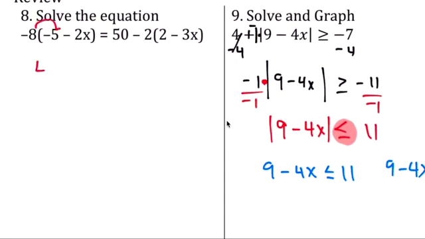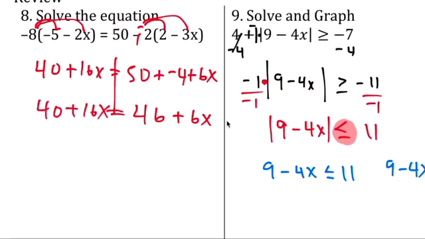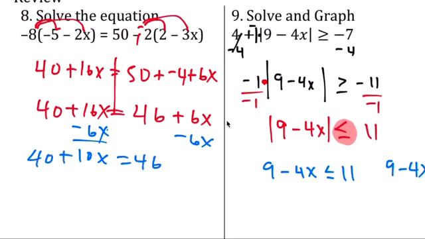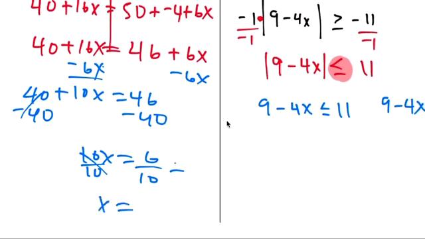That's a negative, that's a positive 40, positive 16x, 50, that's a negative 4, positive 6x, it's 46, and minus 6x, 10x, subtract 40, divide by 10, x equals 3/5.